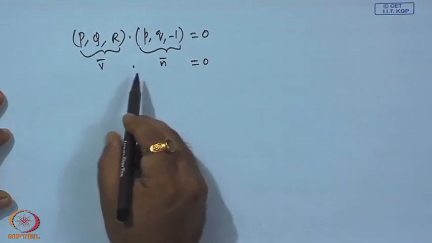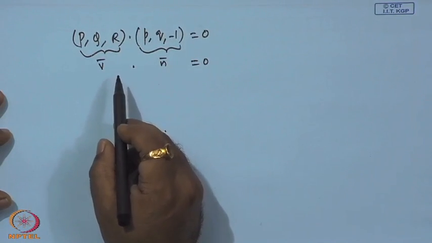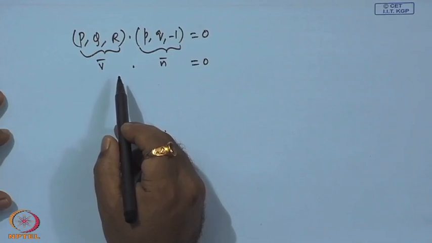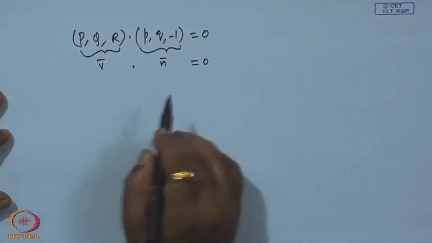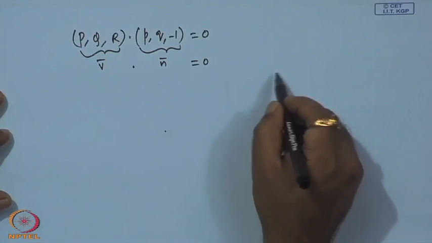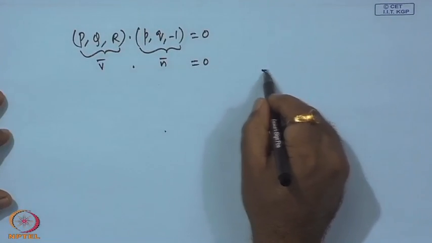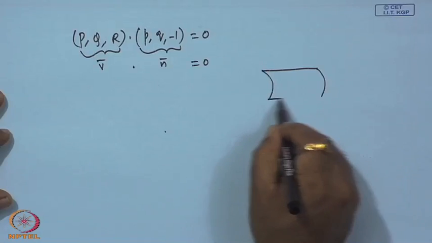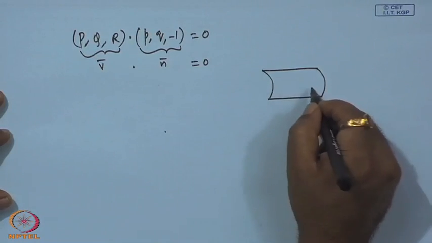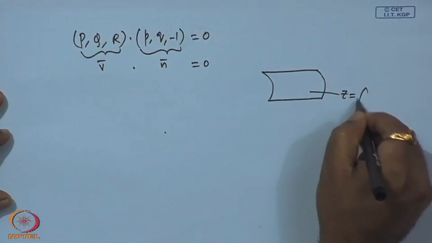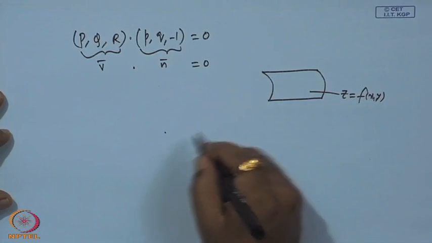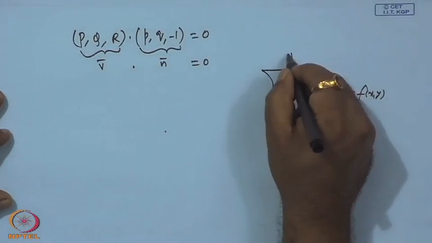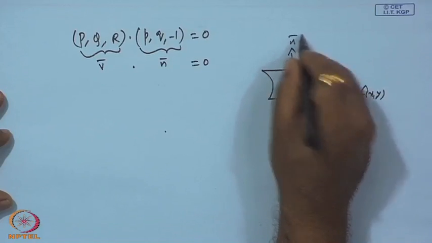So, what is the inference? Our inference is that v bar must be in the tangent plane to the surface, isn't it? Suppose this is z equals f of x y, the surface. So, this is our normal.